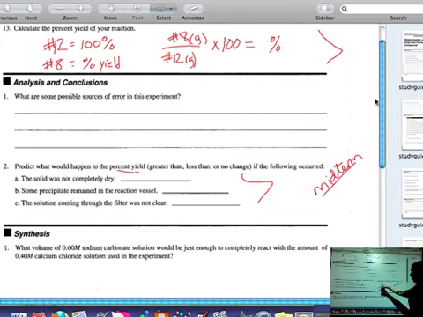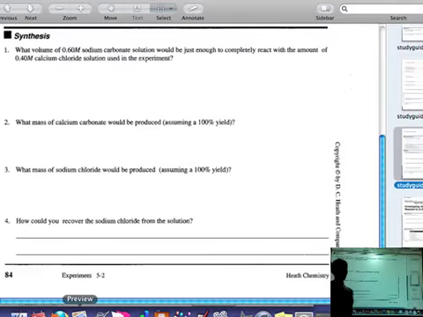Okay, looking at theoretical, if I give you some fake data, you should be able to predict what kind of information, you know, if some precipitate remained or if the solution was not clear, etc. Okay, so after looking over these questions and answering them myself, they all involve molarity.